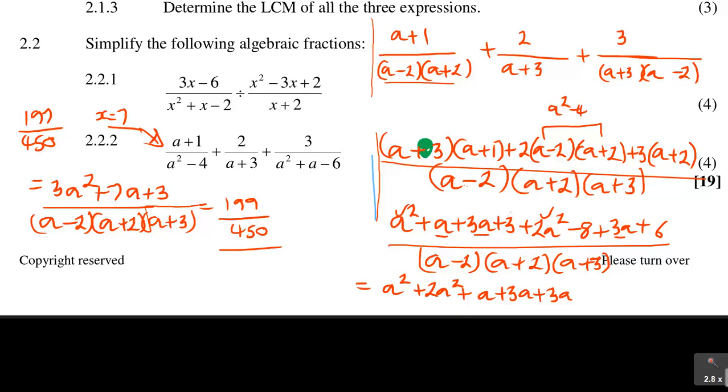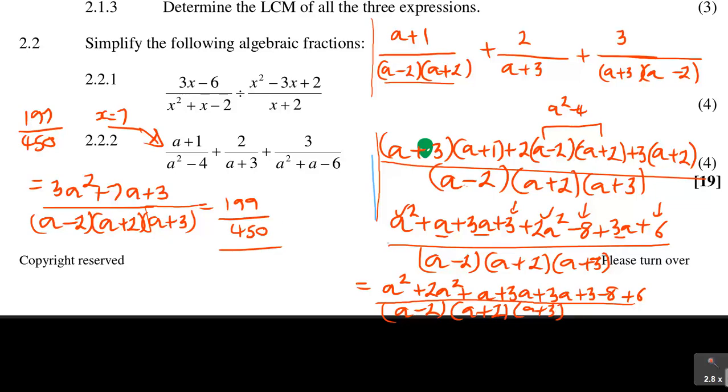Now on the numbers, I've got that plus 3, I've got that minus 8, I've got that plus 6, all over, then I must divide nicely, all over a minus 2, a plus 2, and a plus 3.